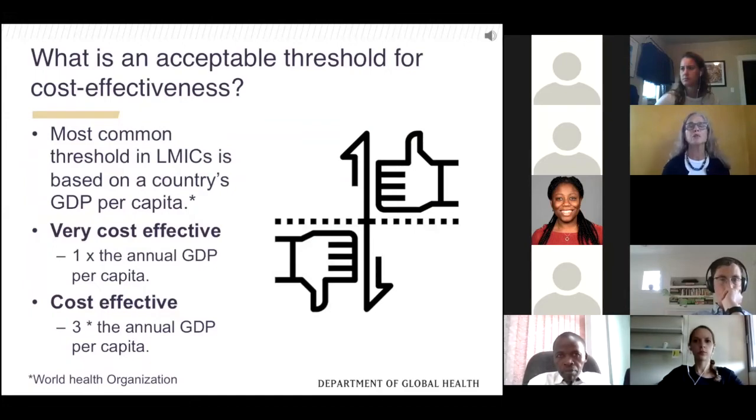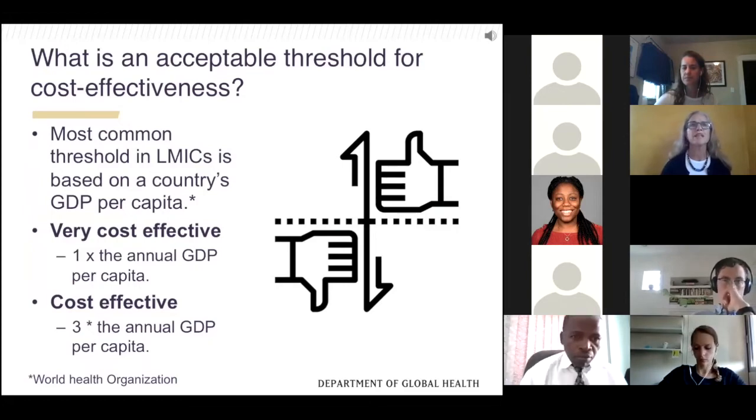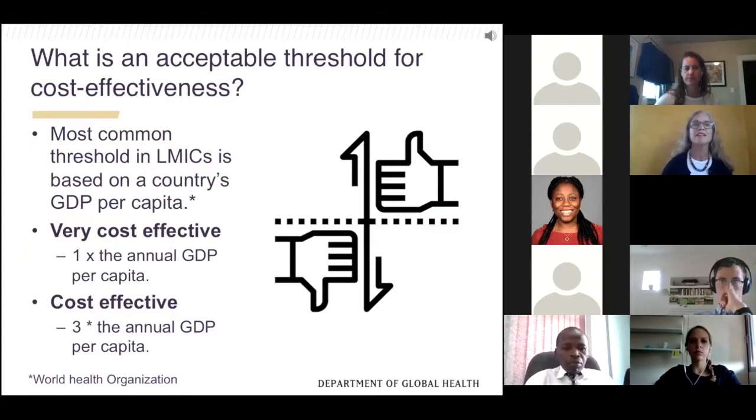So what do we do in the area of global health? Well, we've traditionally been using a threshold based on a country's GDP per capita, their gross domestic product. We've traditionally said that if an intervention's cost effectiveness ratio is less than the GDP per capita, it's very cost effective.